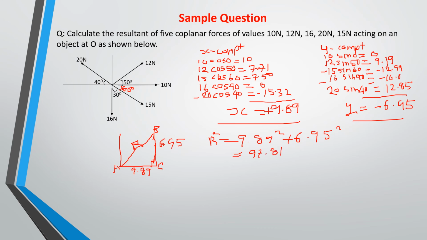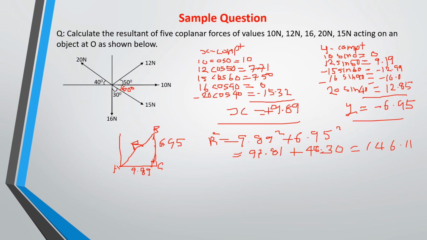When you multiply that out, you are going to have 97.81 plus 48.30. When you add this up, you have 146.11.